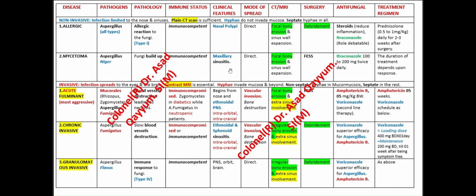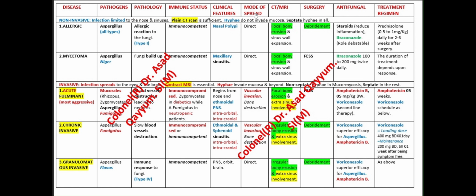Mycetoma will involve the maxillary sinus. In case of acute fulminant and chronic invasive, the disease arises from the ethmoidal paranasal sinuses and they extend to the orbit and the cranial cavity. The same goes for the granulomatous invasive variety.